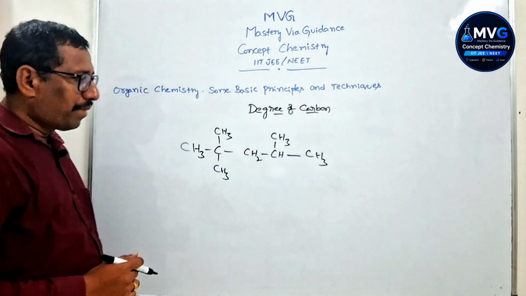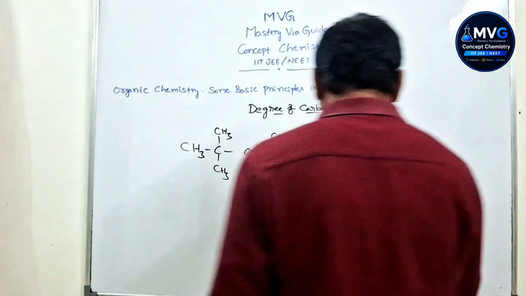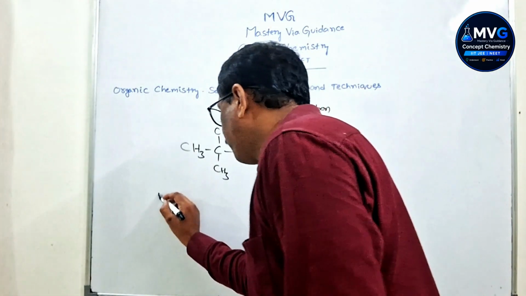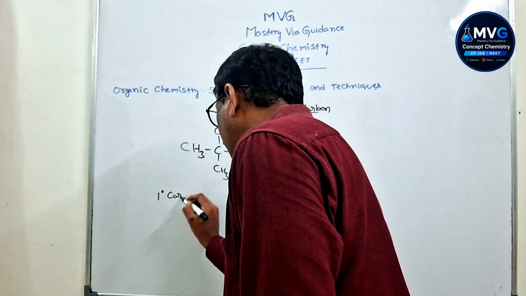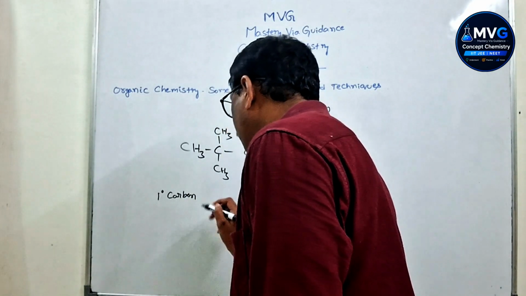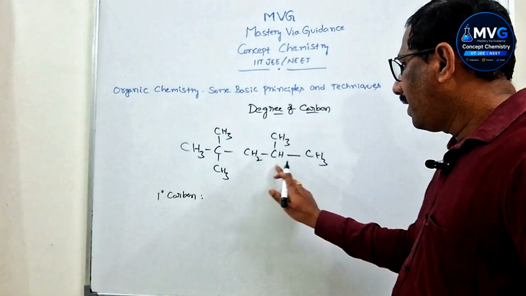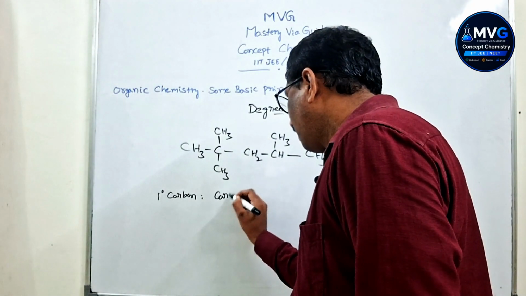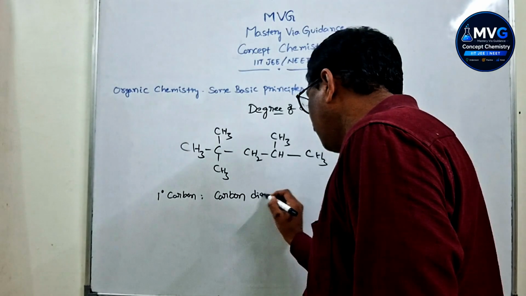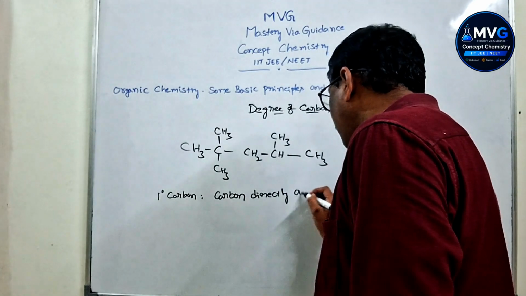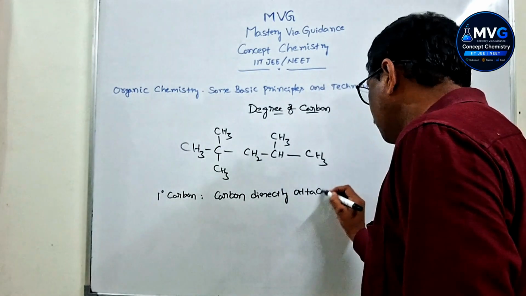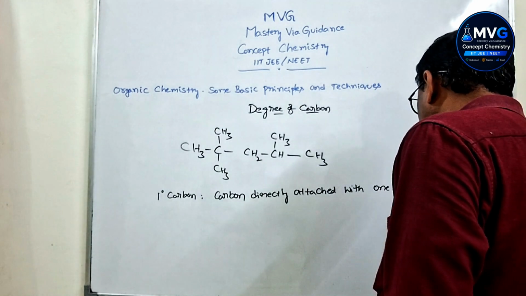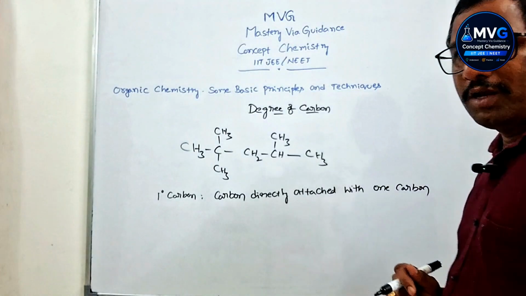Students, here primary carbon. A carbon directly attached with one carbon is called primary carbon.